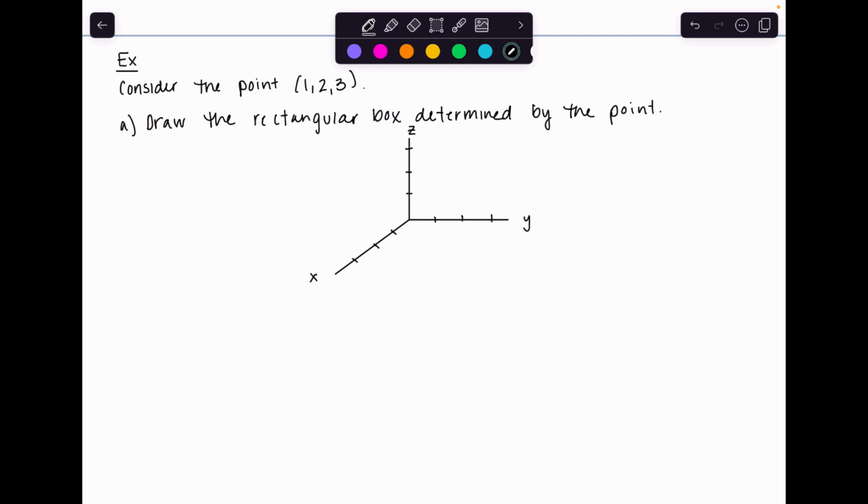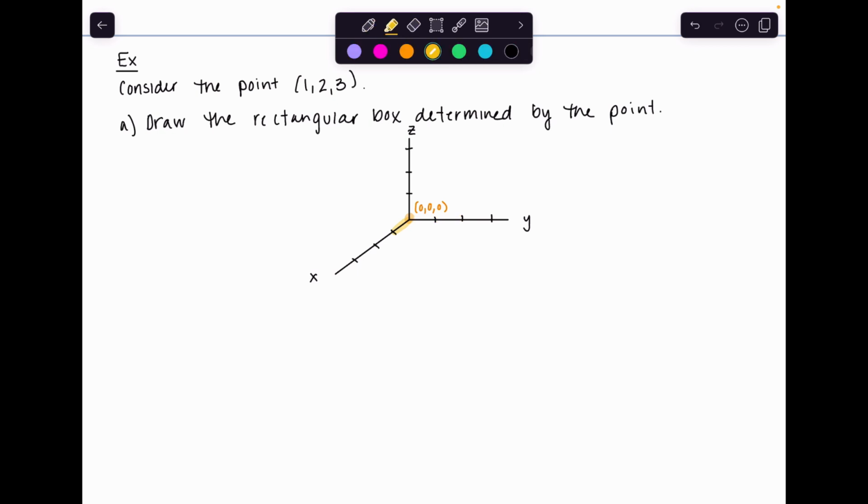Now I'm going to start by figuring out where this point lies. And in the process of doing so, I'm actually going to end up finding a bunch of my different vertices. We start right here at the origin, which is the point 0, 0, 0. Now in my x, I have to go out a distance of 1, so we go out right to here. In my y, I have to go a distance of 2, which means I have to go this length.